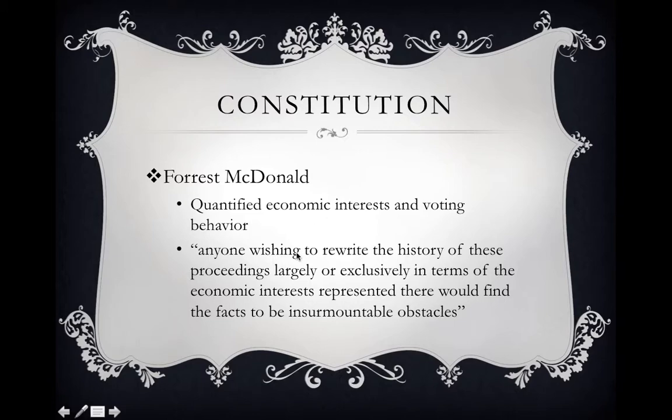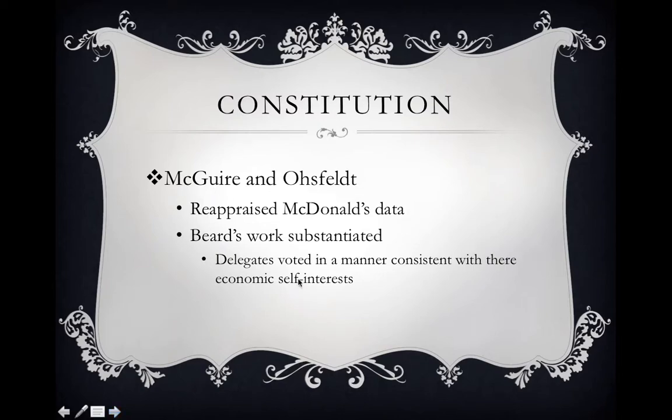And he talks about how anybody wishing to rewrite the history of these proceedings largely or exclusively in terms of economic interest would find insurmountable obstacles. So he is running a little bit contrary to the way Beard takes a look at the Constitution. So I would remember this individual's name as being contrary to the thoughts of Beard.